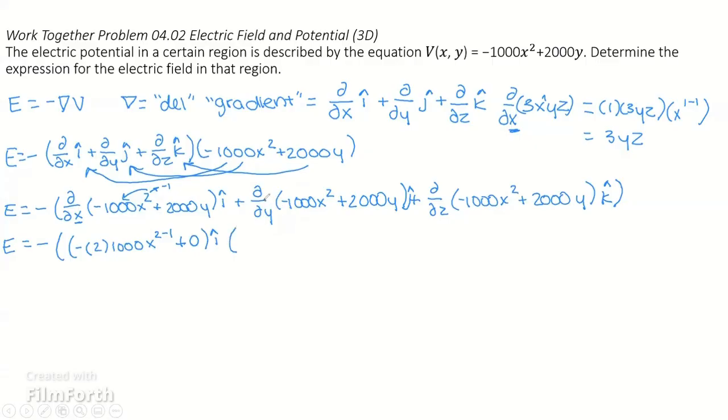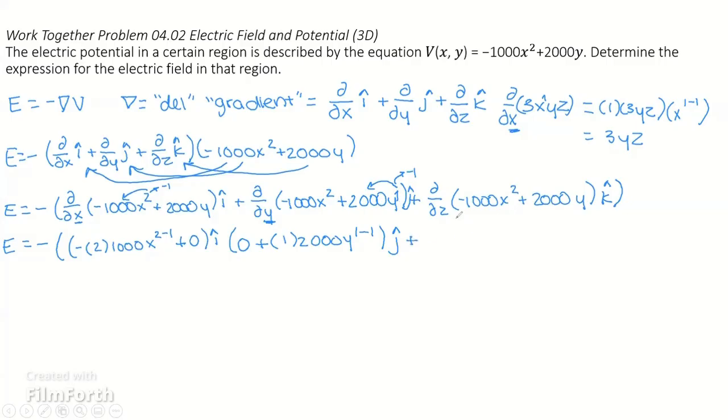Exact same thing with the second term, ∂/∂y. Looking at negative 1000x squared, there's no y in there, so it's 0, plus, there's a y in this term, so we have to account for that. Remember, there's a 1 implied here. So we multiply in, subtract 1 from the exponent: 1 times 2000y to the power of 1 minus 1. And that is in the j hat direction.